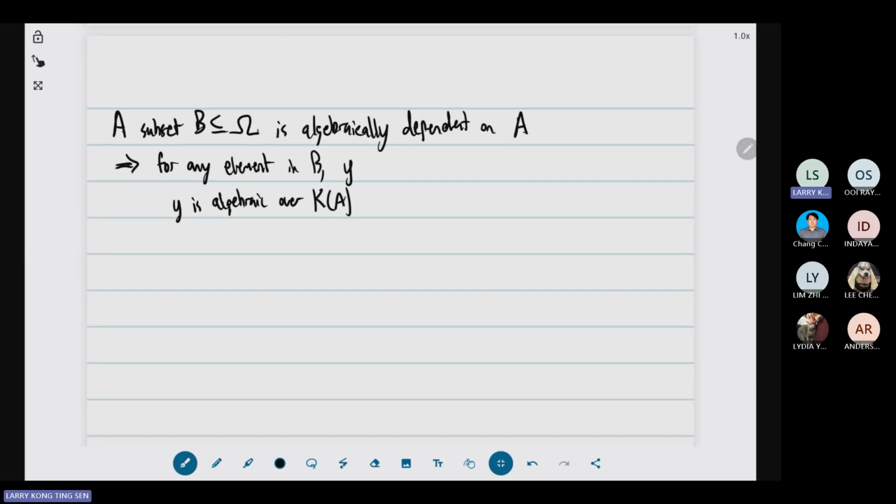Basically that's to say there is a polynomial with coefficients from K(A), not just K anymore.